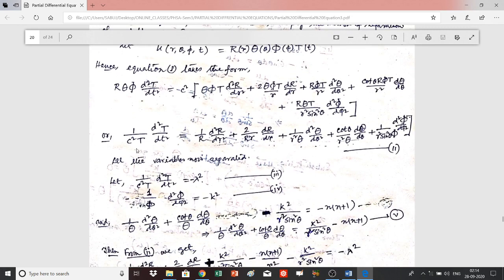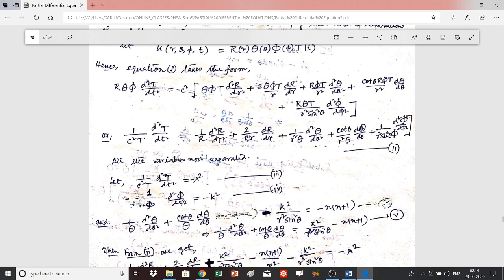And now all terms will be constants. This is the constant, and obviously these and these are also constants. So write this first term, 1 by c square T d2T by dt square, as a constant, that is minus lambda square, and write this term, 1 by Phi d2Phi by d phi square, as another constant, that is equal to minus k square.